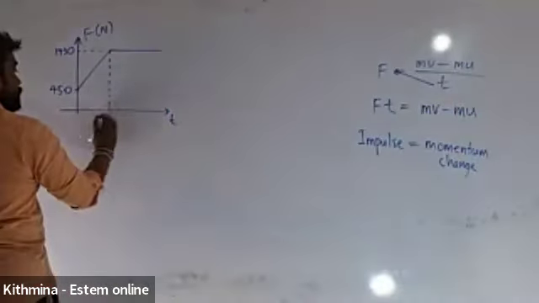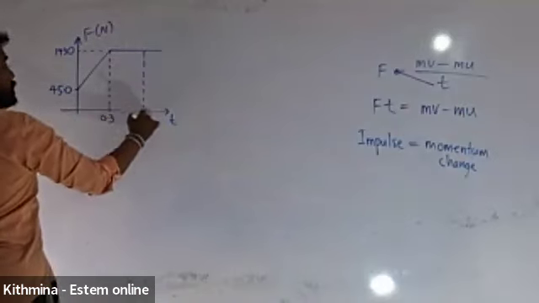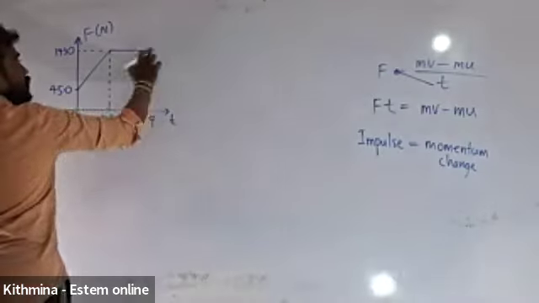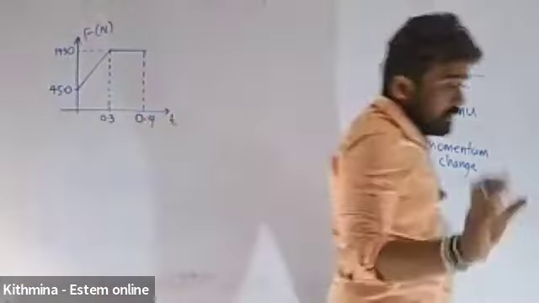This time is 0.3. This is 0.4. Don't care about this scale. There's no scale here.